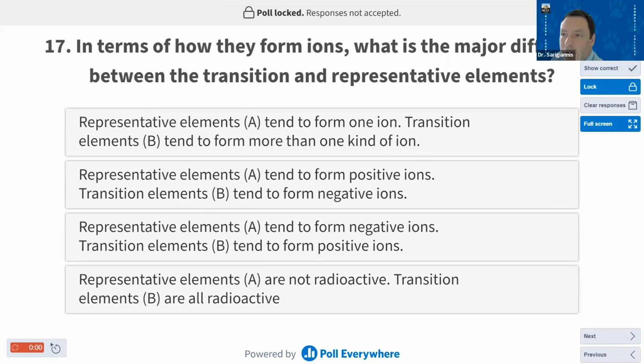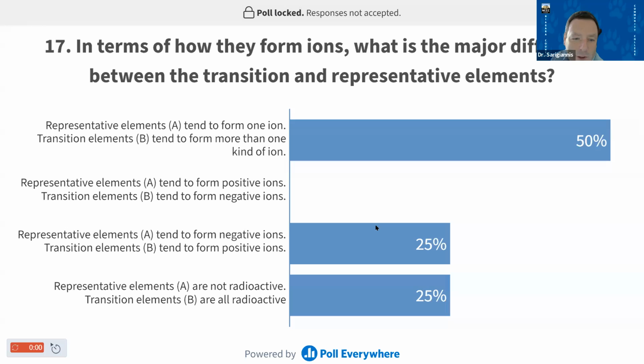Let's see. All right, good. No one guessed this one.